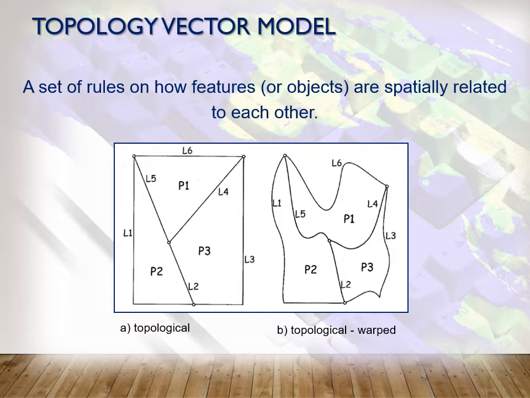So we see here on the left, this is topological, and there are labels for each segment and labels for each point, and even labels for each polygon. And those labels contain rules. You can have one that's basically very tight and neat, or you can even have warped topological data and rules.